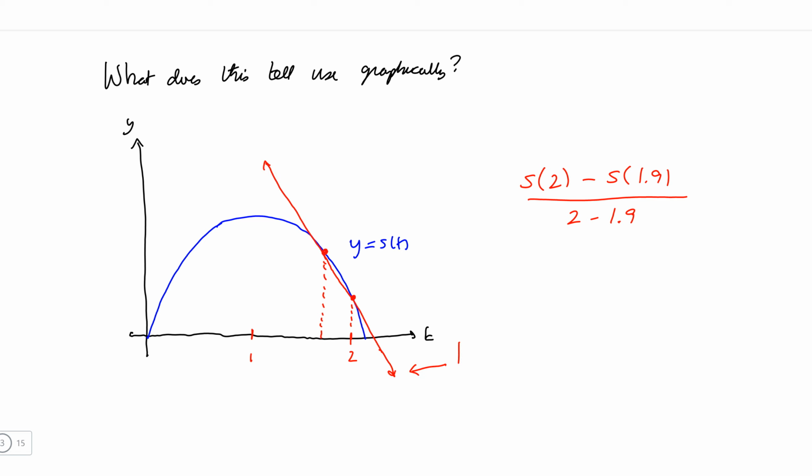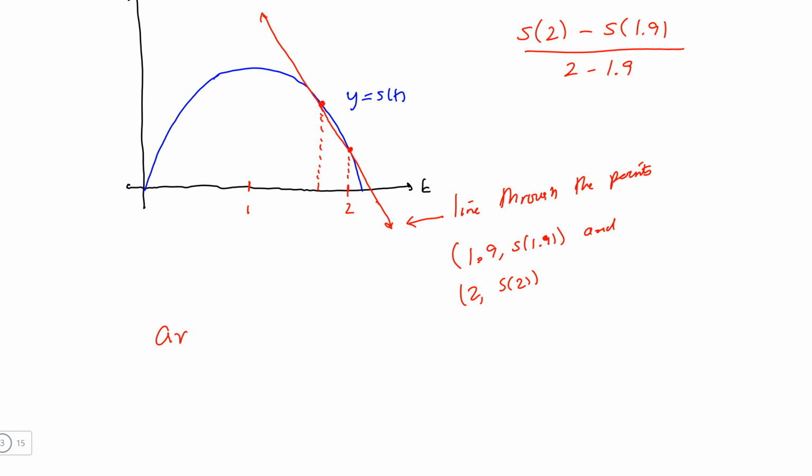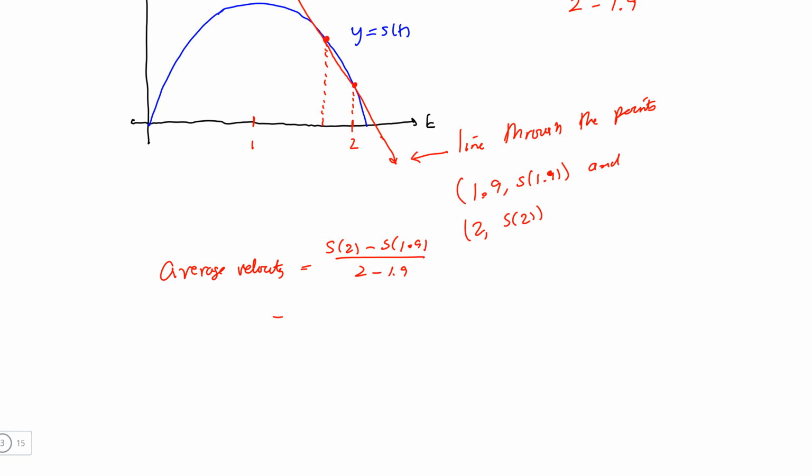If I take the line that connects these two, this is the line through the points 1.9, s of 1.9, and 2, s of 2. That average velocity, which is s of 2 minus s of 1.9 over 2 minus 1.9, is exactly the slope of this line.